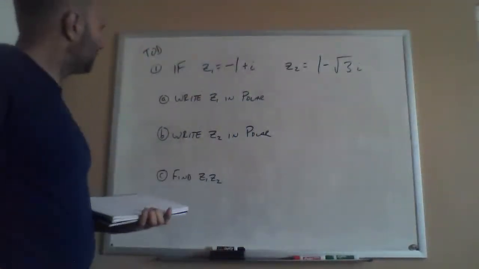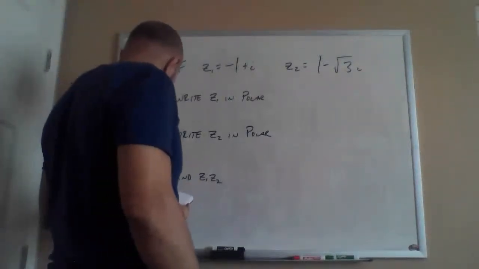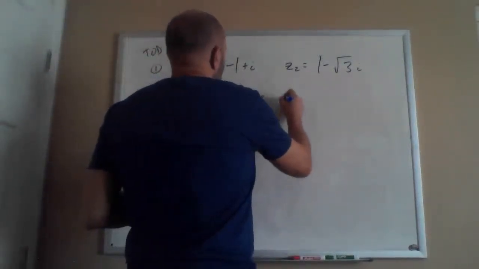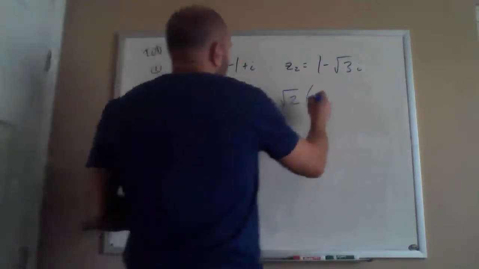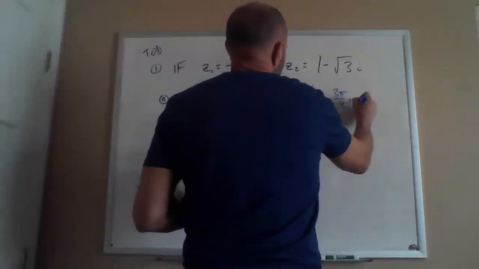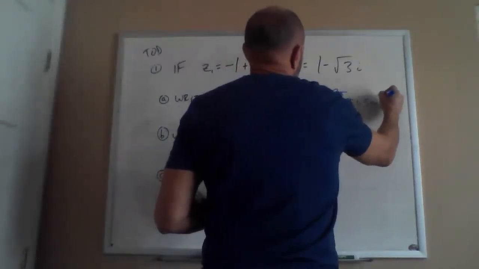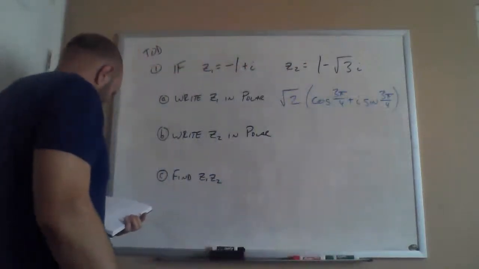So the first one, for A, Z1 in polar form is square root of 2 times cosine of 3 pi over 4 plus i sine 3 pi over 4.